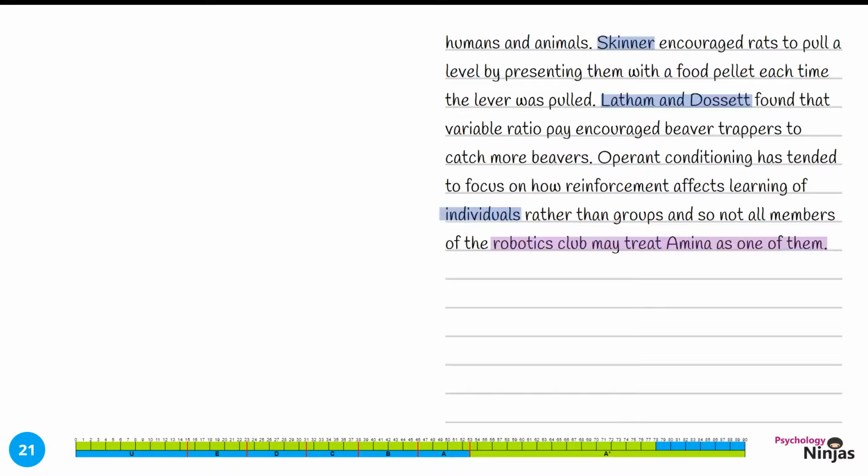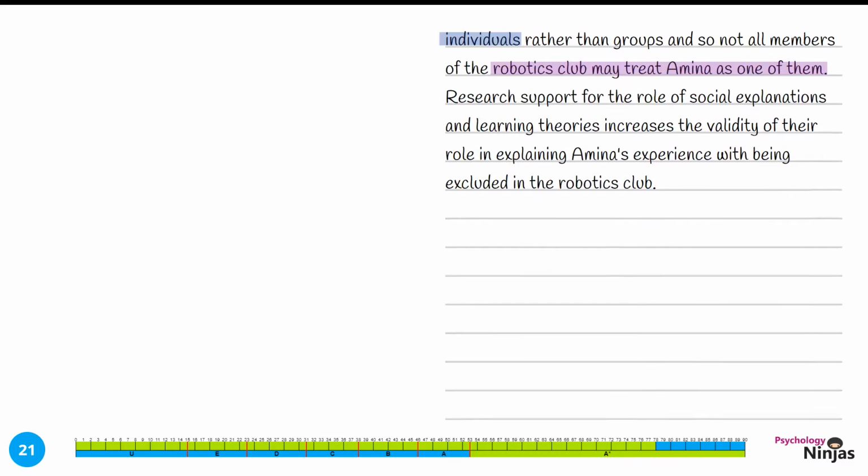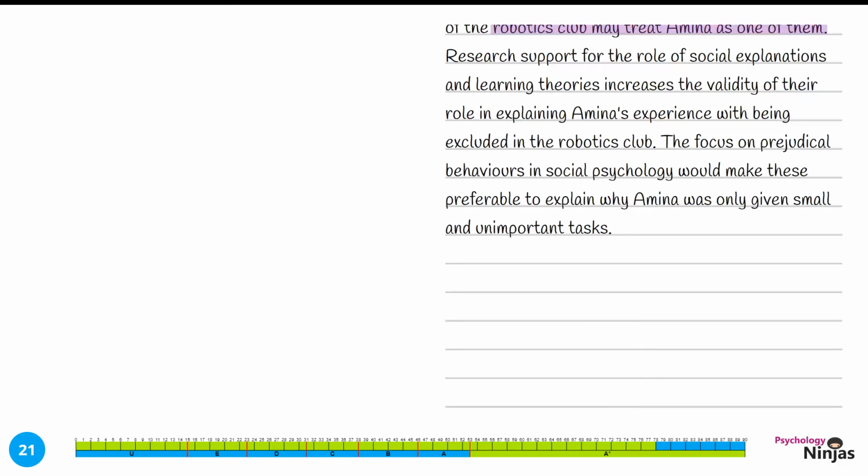In order to complete our essay, we're going to come to some final conclusions showing clear judgments throughout. Research for the role of social explanations and learning theories increases the validity of their role in explaining Amina's experience with being excluded in the robotics club. The focus on prejudicial behaviours in social psychology would make these preferable to explain why Amina was only given small and unimportant tasks.